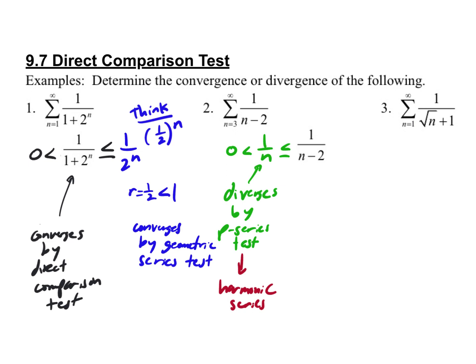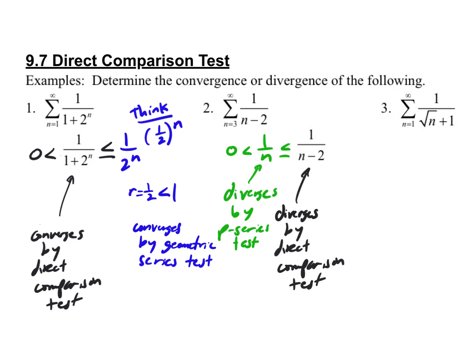Rather than going through saying p equals 1, p-series diverge from when it's 0 to 1, the harmonic series kind of saves us from having to write all that. So therefore, if that one diverges, this one diverges from a comparison test.